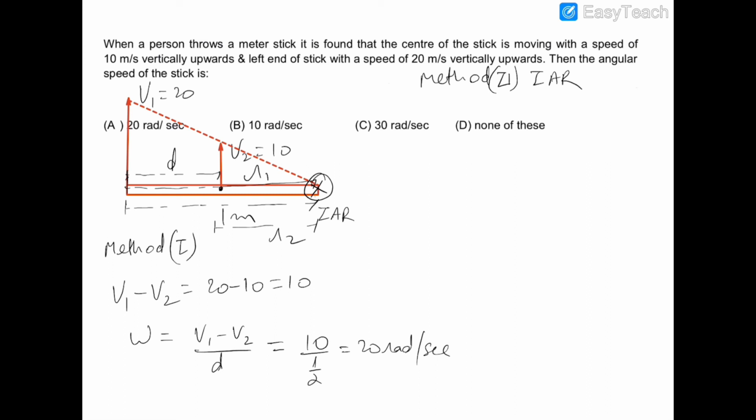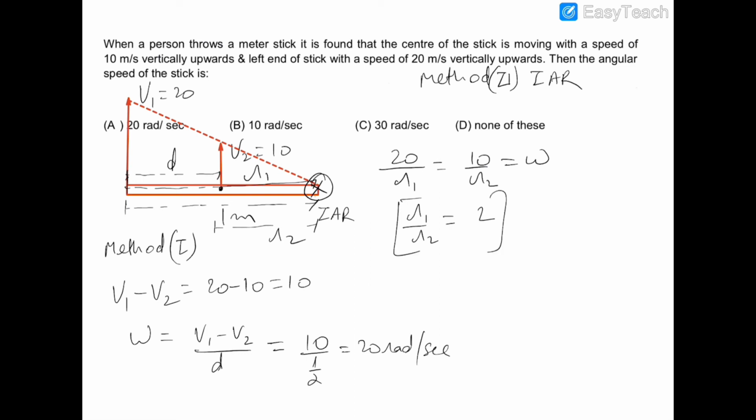you can see that 20 upon R1 is equal to 10 upon R2. R1 is this complete distance. So 20 upon R1 is equal to 10 upon R2, and that is omega. Omega remains the same. So R1 upon R2 is equal to 2.